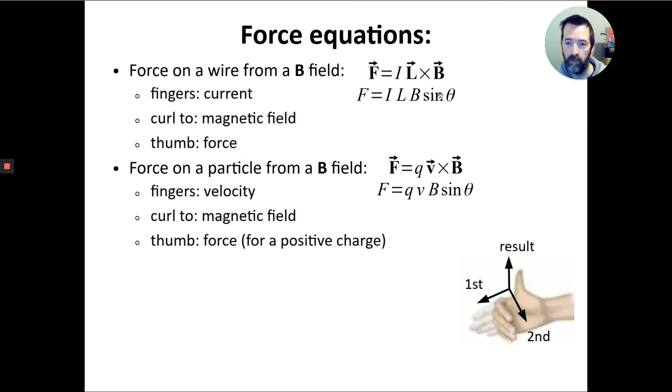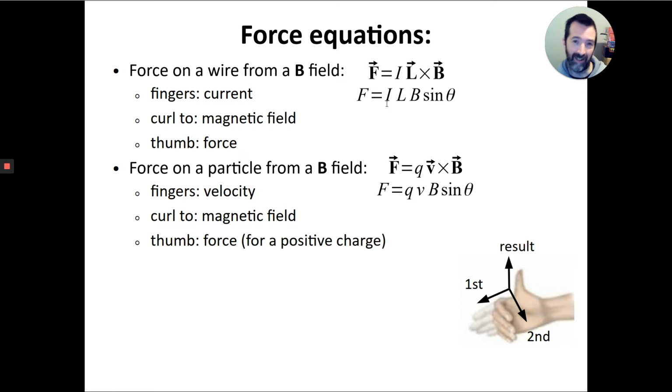The angle theta that you see here is the angle between the direction of the current and the direction of the magnetic field. So if you want to apply this, again, using this right-hand rule, you want to find the direction. The first vector you can think of either as the current or this length of the wire.